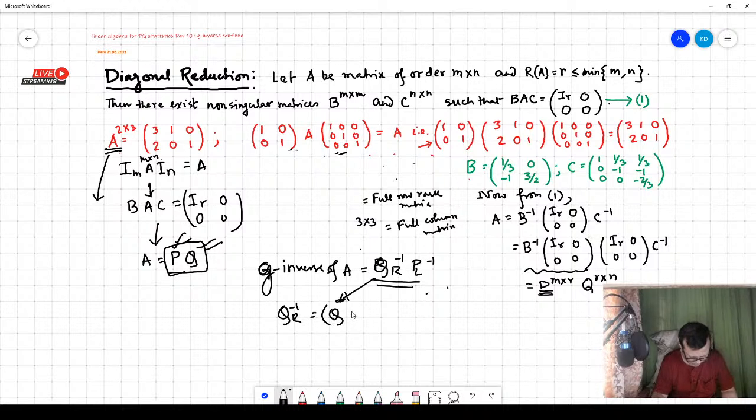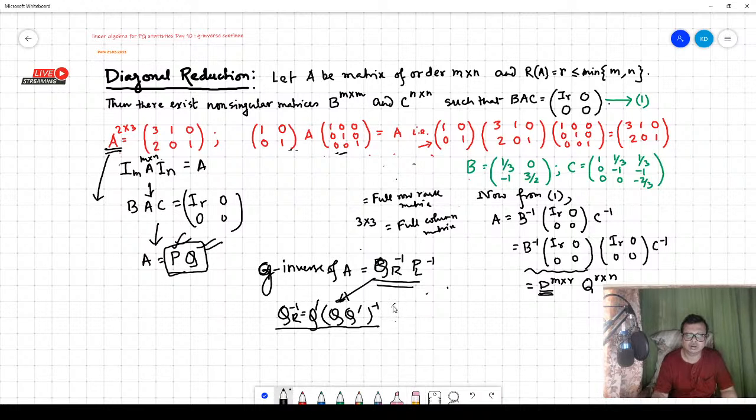Q prime, then it is of order R cross R, so the inverse exists, and then this is pre-multiplied by Q prime. Okay, so this is the right inverse. Next, for the left inverse you use this formula.